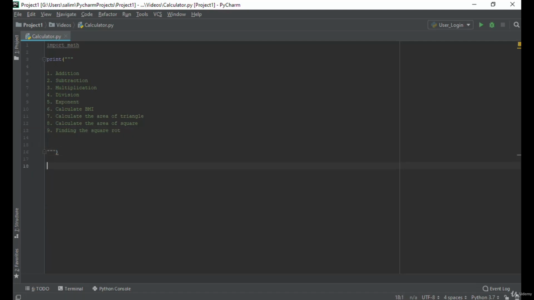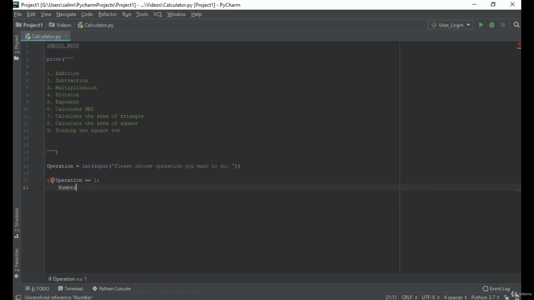All right, so we need a variable named operation, and we ask for that value to be entered by the user. Now we make an if block. So let's start that. First one is addition.